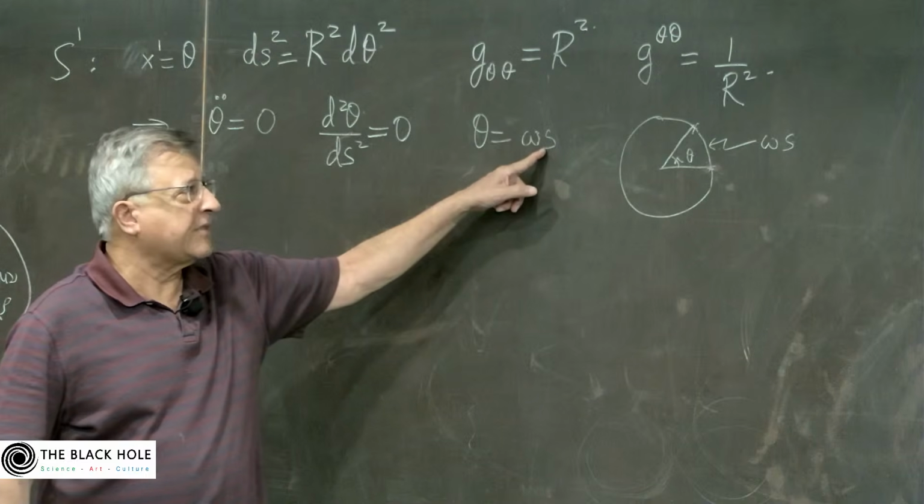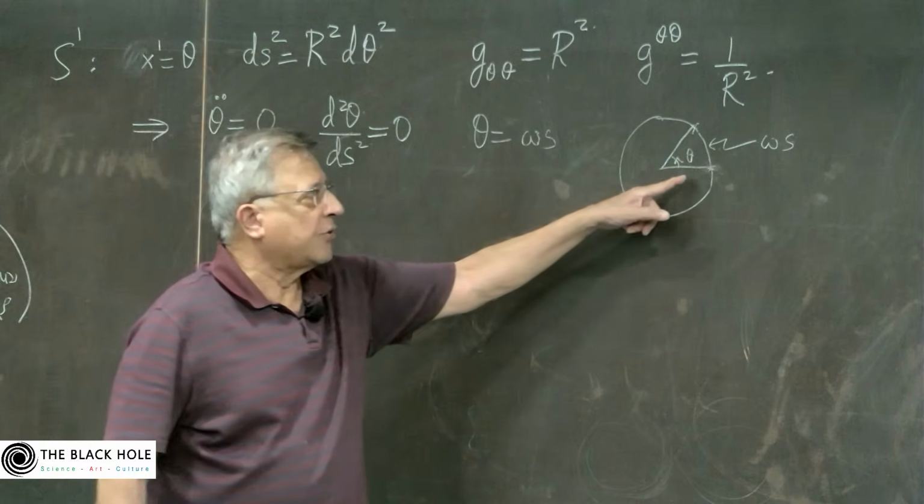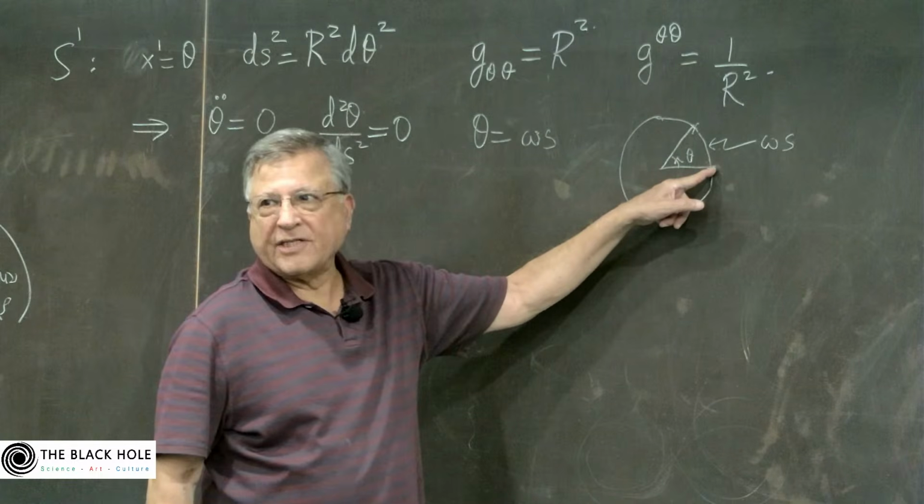Sir, in any circle, if I move from point A to B, both s and theta are increasing, right? So in terms of the affine parameter, either s is the affine parameter or theta in this case. S is the affine parameter. So I start from s equal to 0.